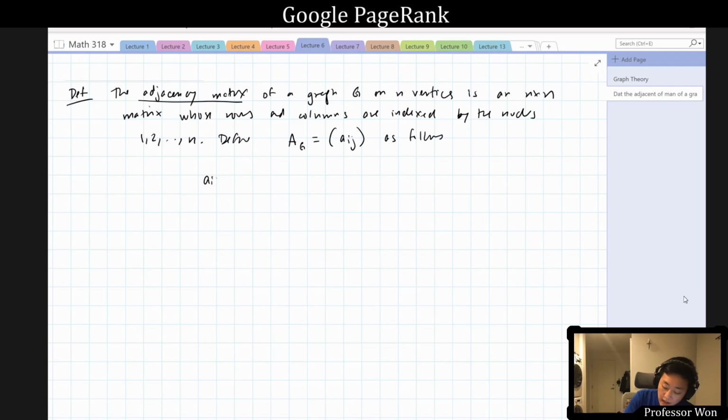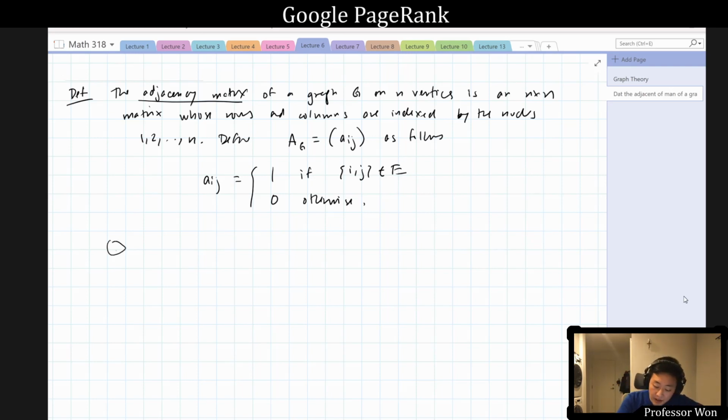Basically, you will let Aij be 1 if ij is an edge, 0 otherwise. So basically, you just put a 1 in a row and a column if there's an edge from that row vertex to that column vertex, right?